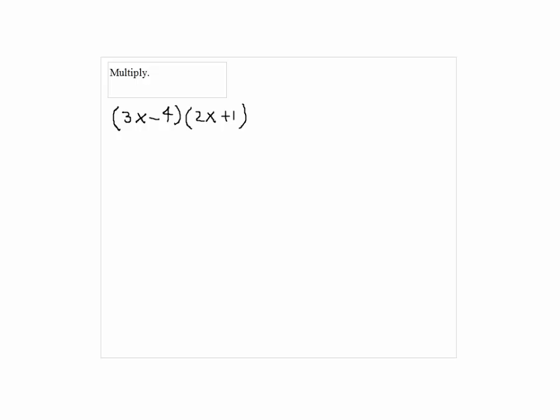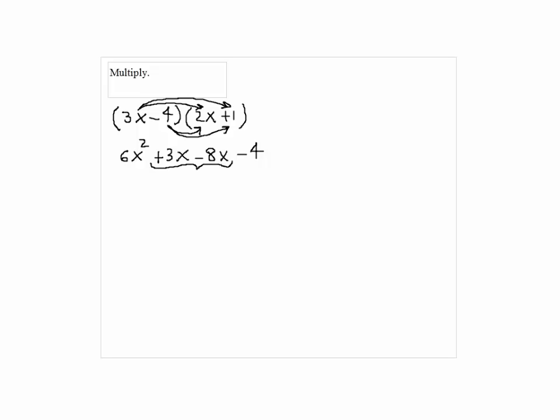Multiply 3x minus 4 times 2x plus 1. Multiply 3x by each term in the second polynomial. 3x times 2x would be 6x to the power of 2, we add the exponents. 3x times 1 would be plus 3x.